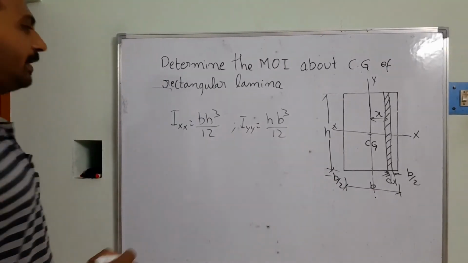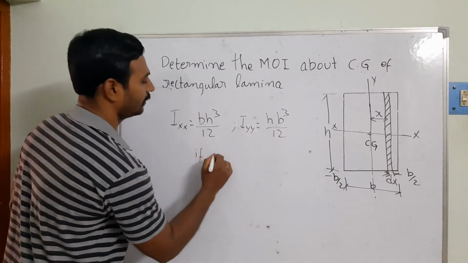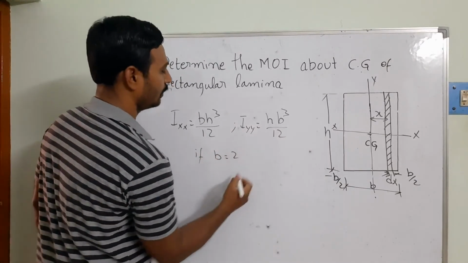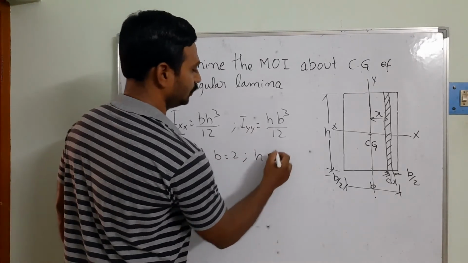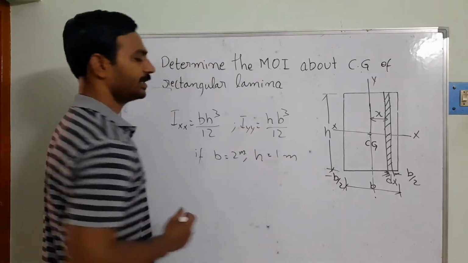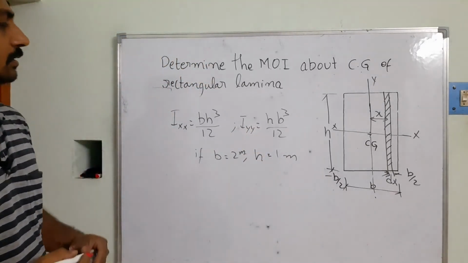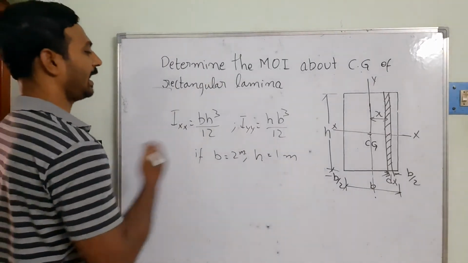So here I am going to be taking the dimensions of the A and B. Suppose B is equal to 2 and H is equal to 1 meters I have taken, either centimeters or millimeters or meters also we can take it. For the time being I have taken this one.